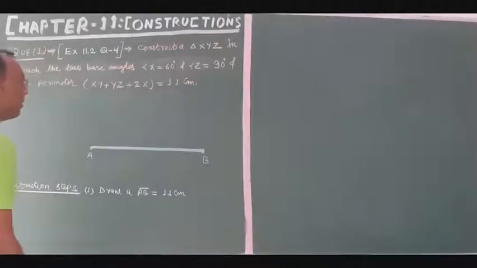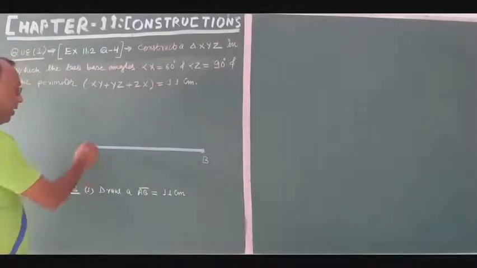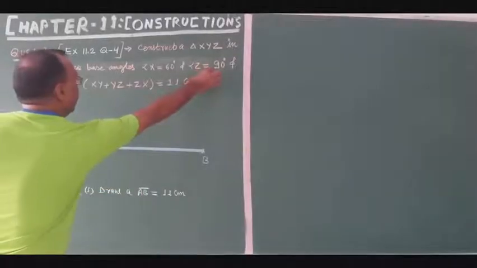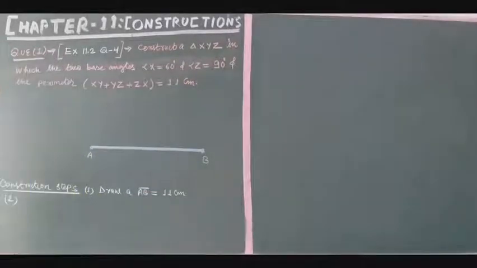Step number 2, then we will construct half of this angle 60 at point A and half of this angle 90 degree at point B. Then what we will do?